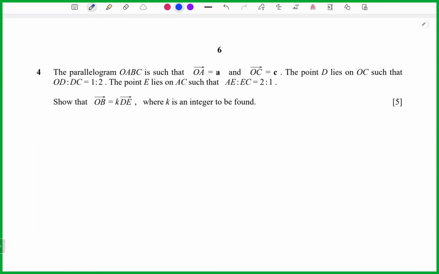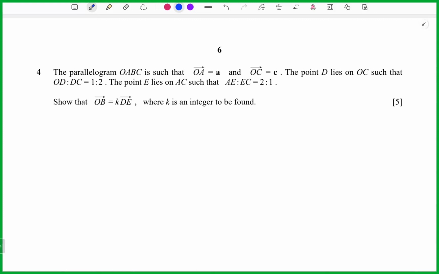The point D lies on OC such that the ratio OD to DC equals 1 to 2. The point E lies on AC such that the ratio AE to EC equals 2 to 1. Show that OB equals k DE, where k is an integer to be found.